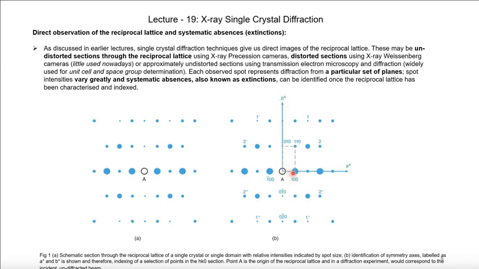So if we do so, then you see this is the 1, 0, 0 reflection, and this is the 0, 1, 0 reflection, and this one is the 1, 1, 0 reflection. In this way, we can also find out the unit cell of this particular schematic data set.